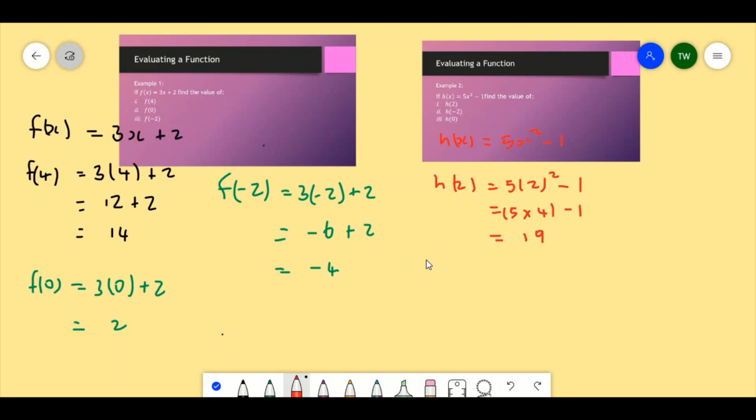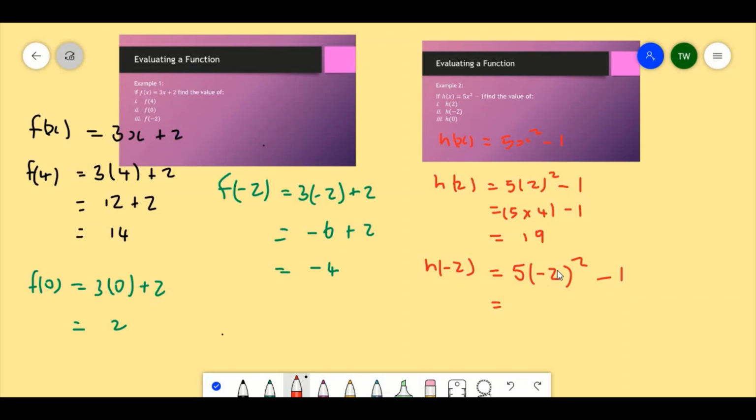We're also asked to find h of negative 2. h of negative 2 is going to equal 5. Substitute our value, which is negative 2, for x, so it's going to be negative 2 in brackets all squared, minus 1, and then we simplify this.